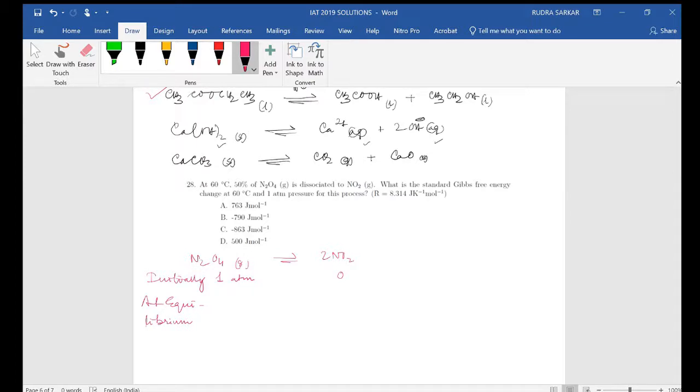what we will say? 1 minus 0.5 and this will be 2 into 0.5.